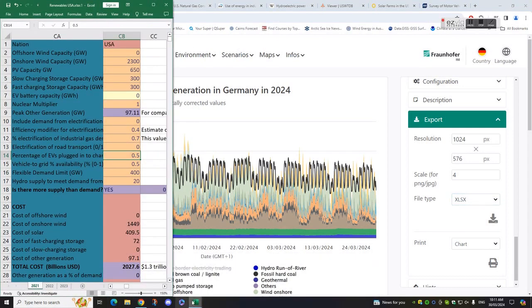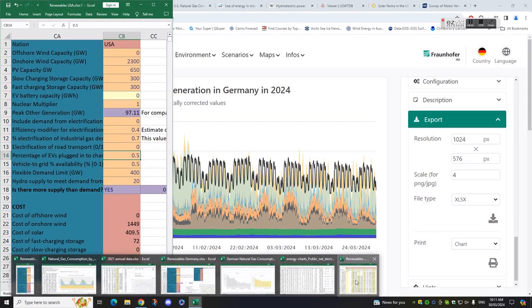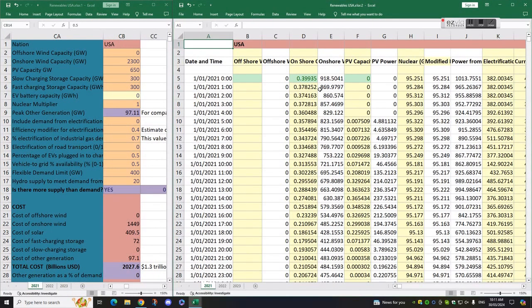I use this data to gain information about the grid. For the US, information about onshore wind production and PV production in real time. It's hour by hour data, starting at midnight on the 1st of the 1st, 2021, then hour by hour throughout the entire year for 2021, and then the same for 2022 and 2023.